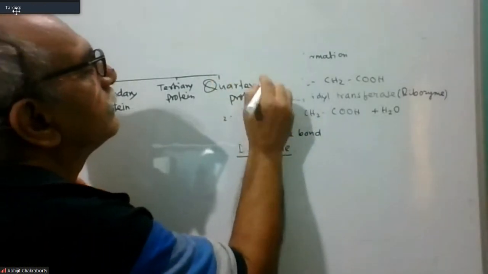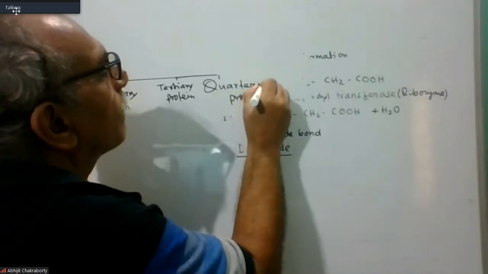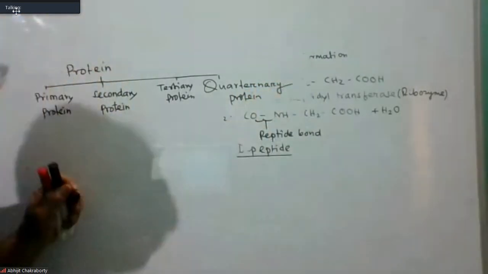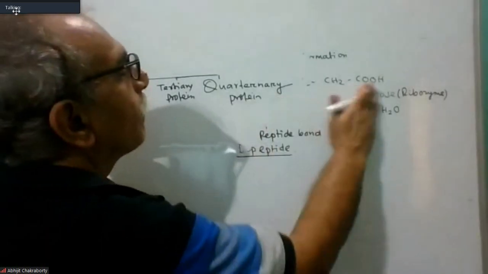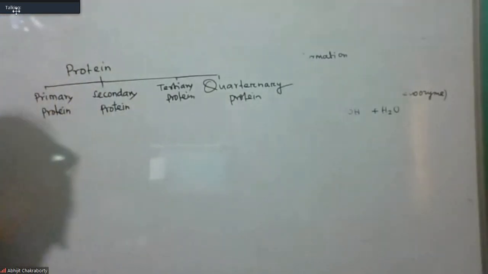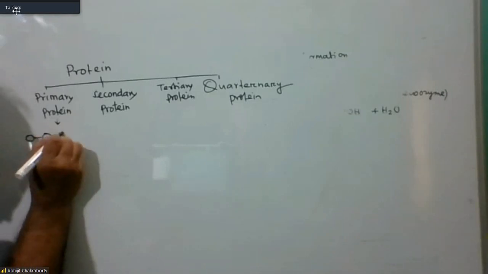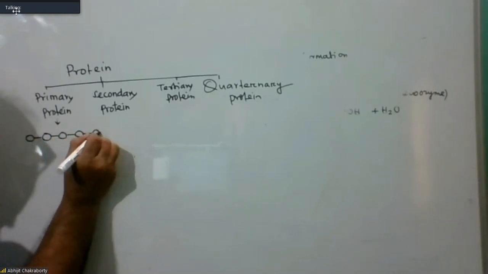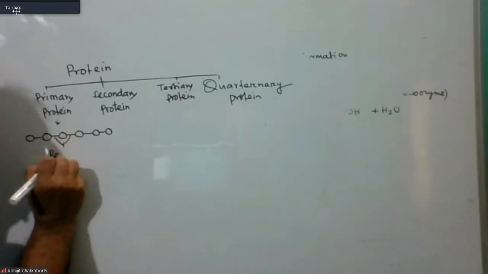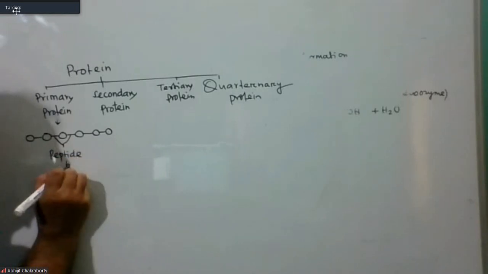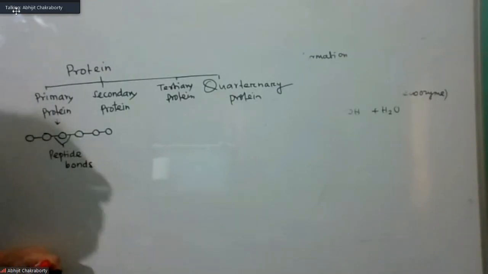Quaternary. Primary protein: only peptide bonds are present. In primary protein only peptide bonds are found.